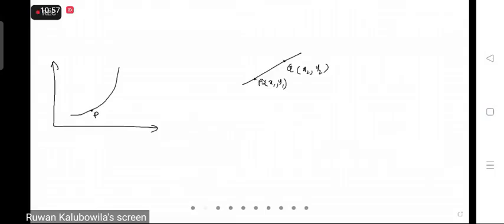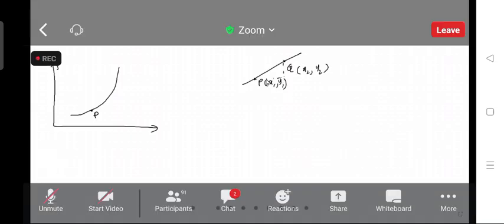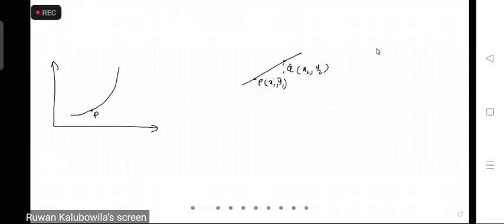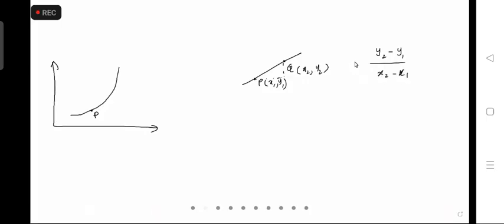If you need to find the gradient of this line, how to do it? You take the difference of y and divide by the difference of x, then you can find the gradient of this line. So this is the concept of finding the gradient.